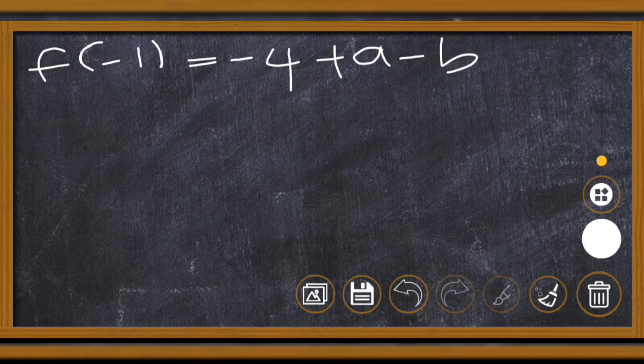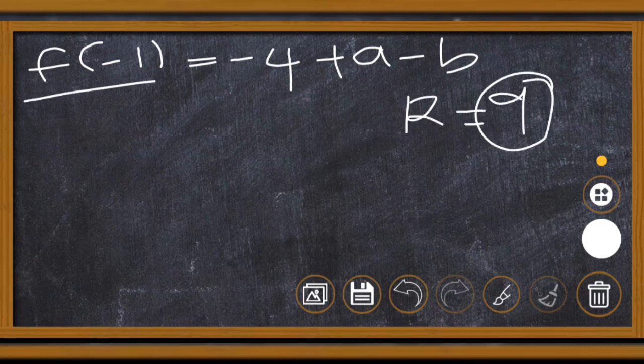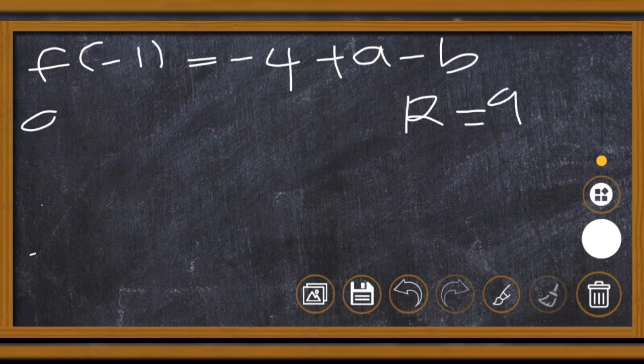So let's also make use of the remainder. Remember, the remainder we had was 9. So whenever there is this, we are going to replace it with 9. So we are going to have 9 equals negative 4 plus a minus b.